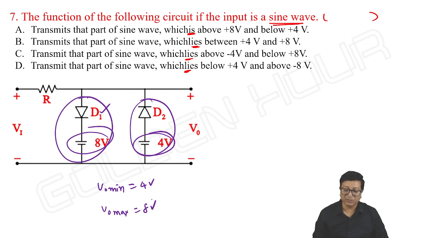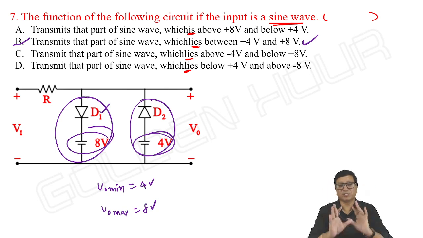So it transmits the part of the sine wave which lies between 4 and 8 volts. Option B is correct. It's a very, very simple thing. The moment you see the question, we can answer. That much exercise we did so far. Next question.